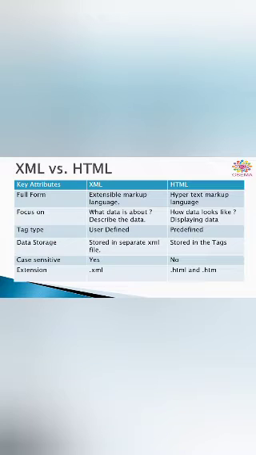So we say that the XML files are used as data storage and HTML tags are used as data storage. XML is case sensitive, while HTML is not a case sensitive markup language. The extension name of XML is .xml and the extension file name of HTML file is .html or .htm.